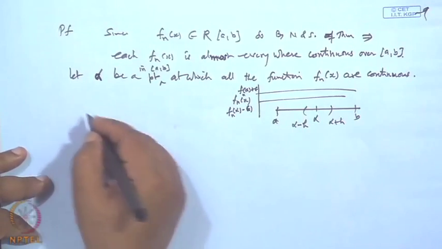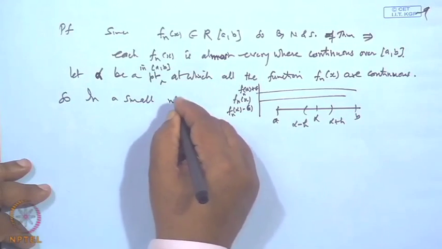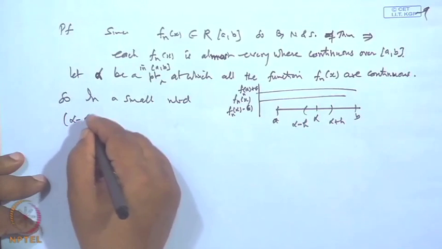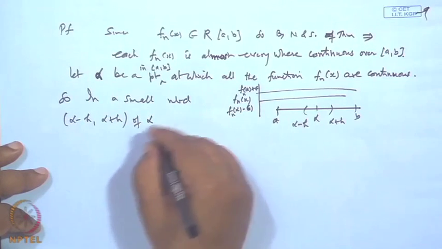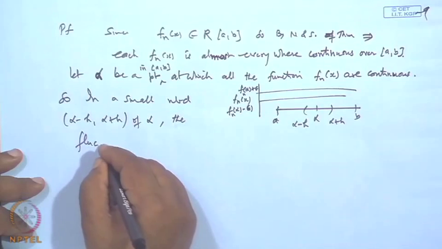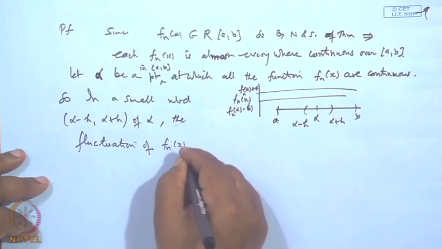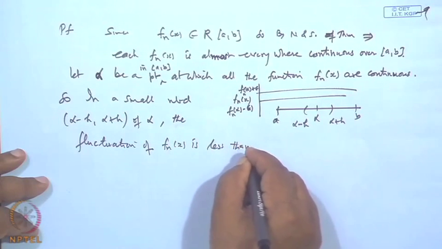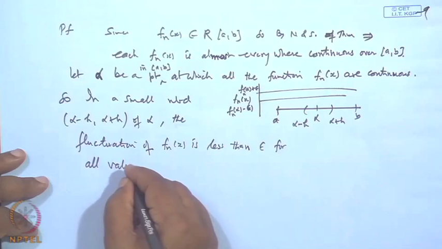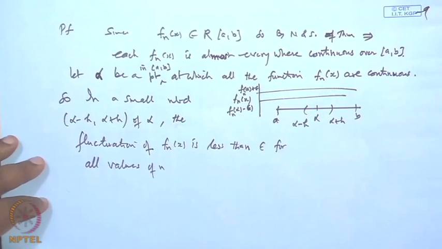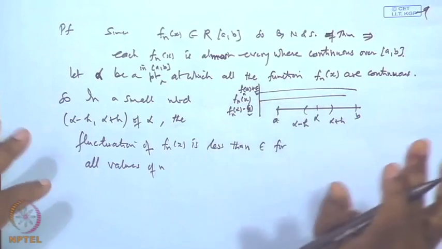So, in a small neighborhood, alpha minus h to alpha plus h of alpha, the fluctuation of f n x is less than epsilon for all values of n. Suppose we take epsilon by 2; the fluctuation will remain less than epsilon. Okay.